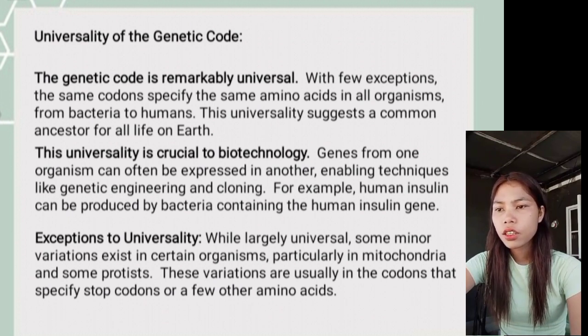The universality has profound implications for biotechnology because it allows for the transfer of genes between different species. For instance, human genes can be expressed in bacteria to produce human proteins like insulin for medical use. However, there are some exceptions.